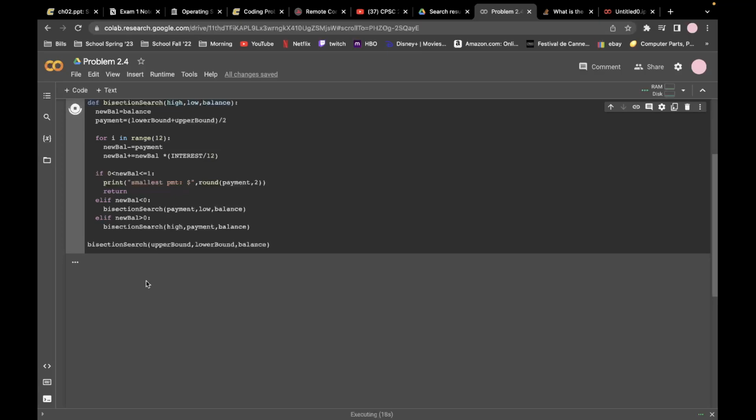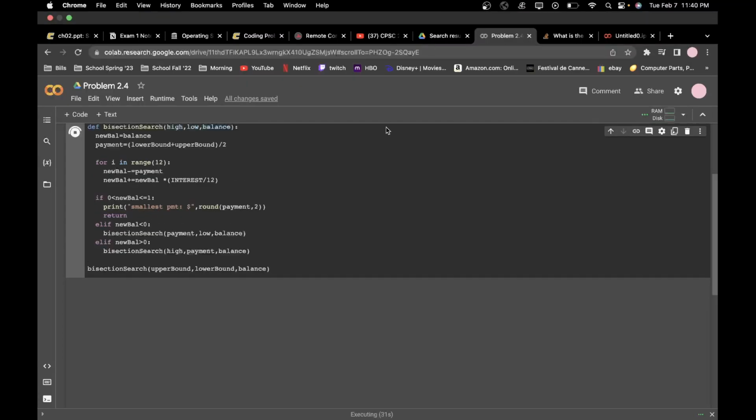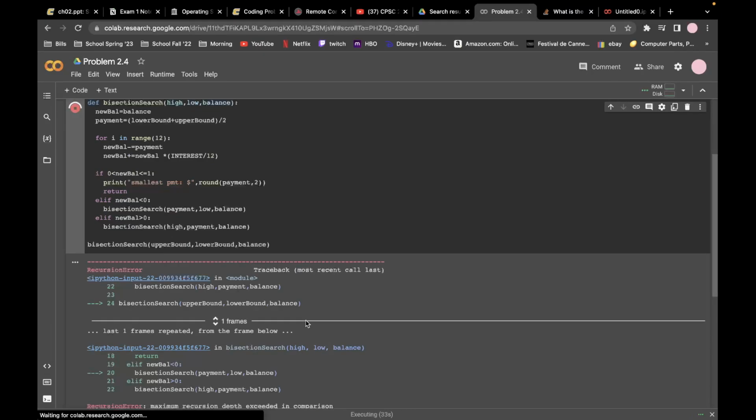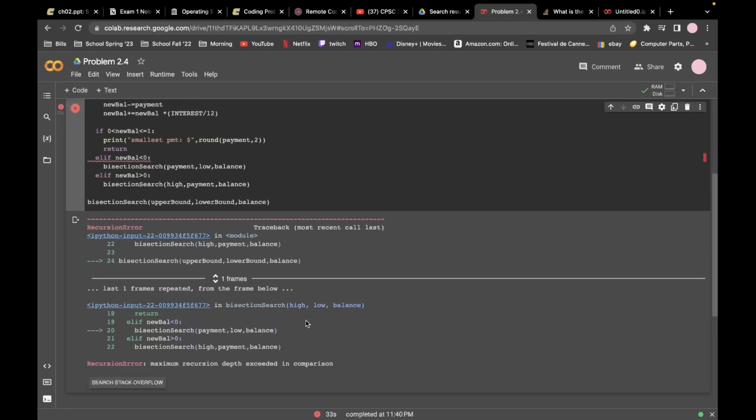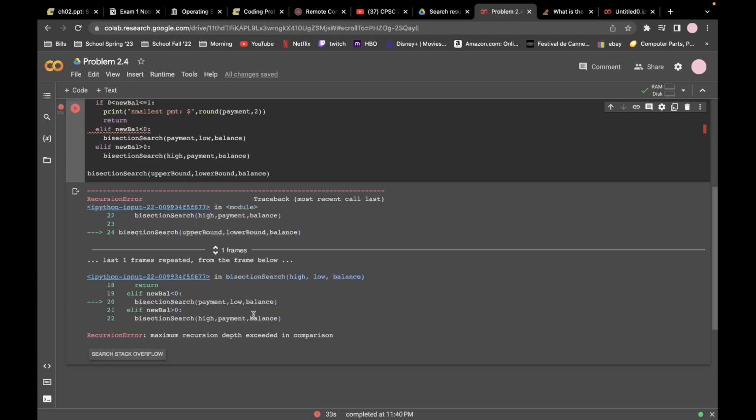So if it's less than or equal to 1, that means it has to be greater than 1 for it to not satisfy. But why is it, that doesn't make any sense. Maximum recursion depth exceeded in comparison.